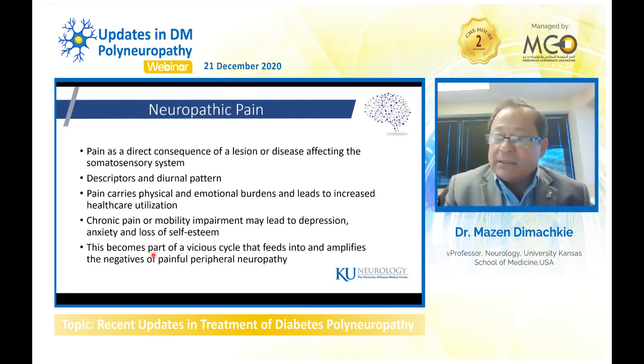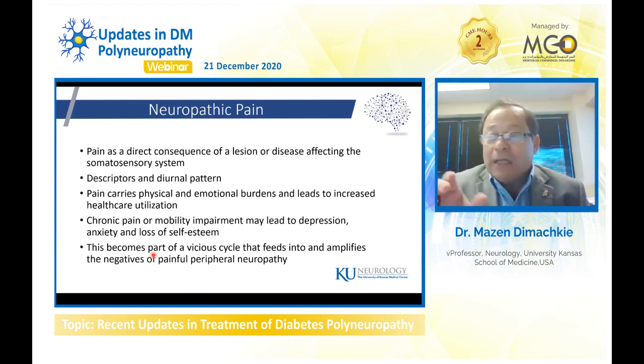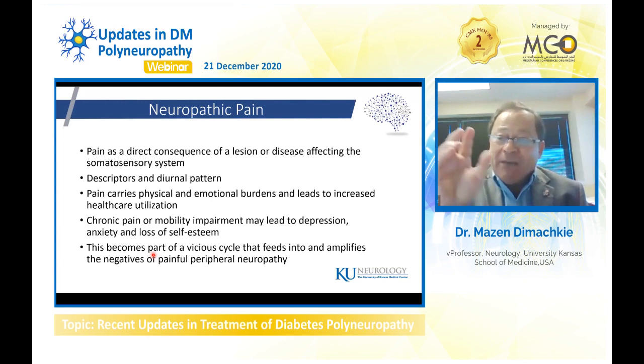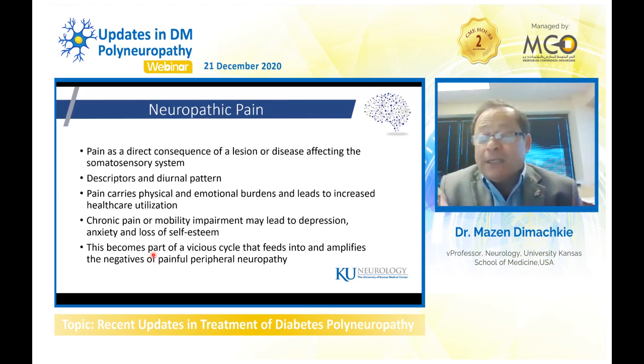It's worse at night. It's less with activity. So the type of pain quality also is important. It's not just the dull, aching pain. It's either electrical pain, shooting pain, or burning pain. So if you have that constellation of symptoms, then you're thinking the pain is neuropathic, and treating it as neuropathic pain is important.